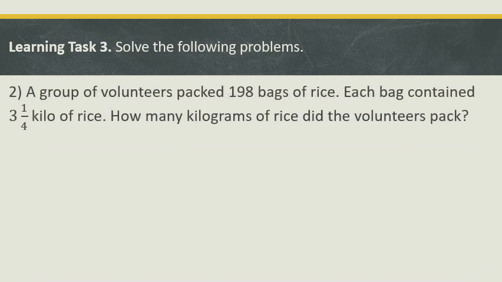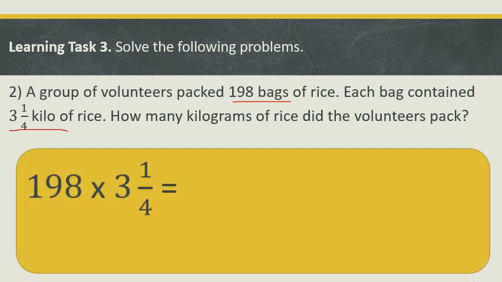So a group of volunteers packed 198 bags of rice. Each bag contained 3 and 1/4 kilo of rice. So how many kilograms of rice did the volunteers pack? So meron tayong 198 bags of rice. Kada isang bag daw ay merong 3 and 1/4 kilo of rice. So ilan lahat daw yung kilograms ng rice?